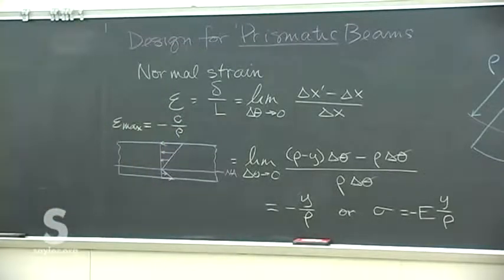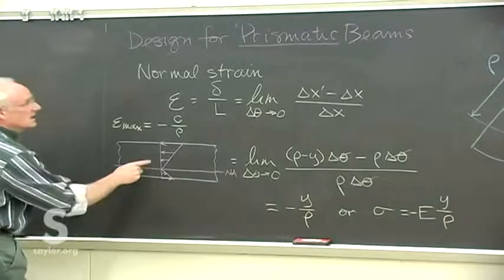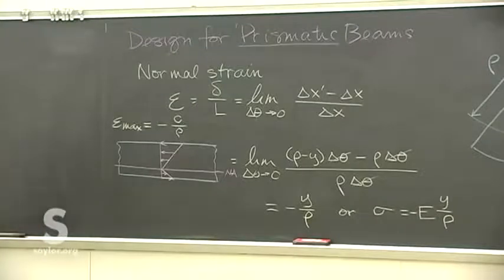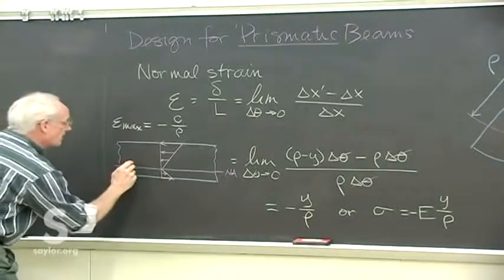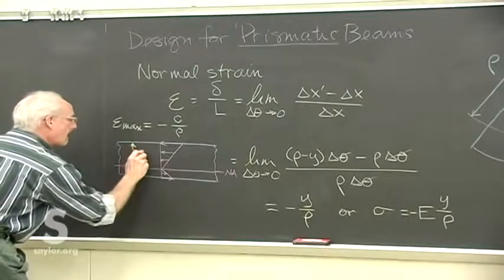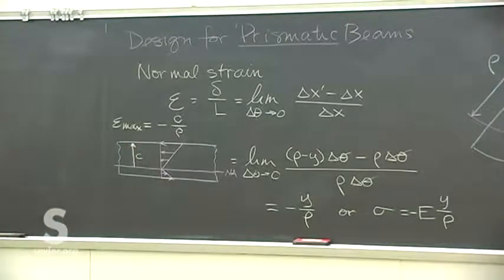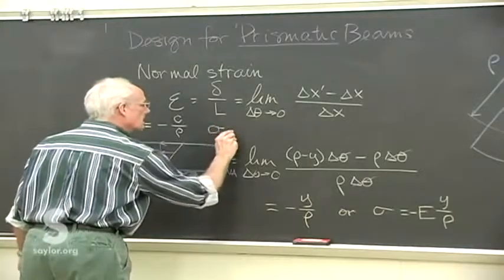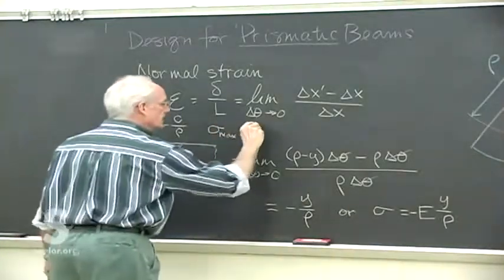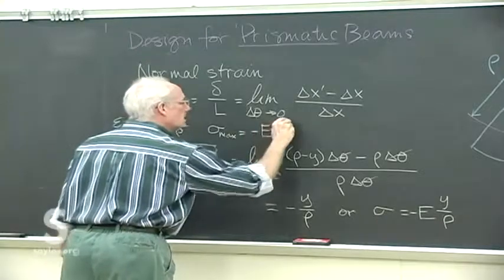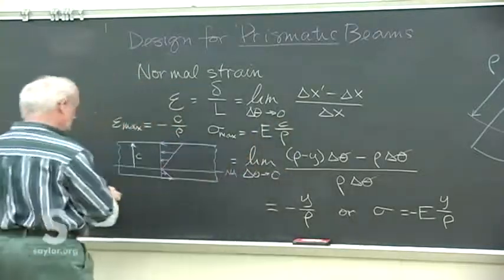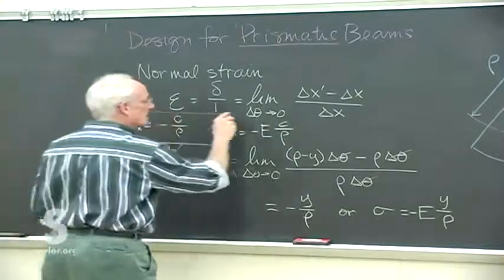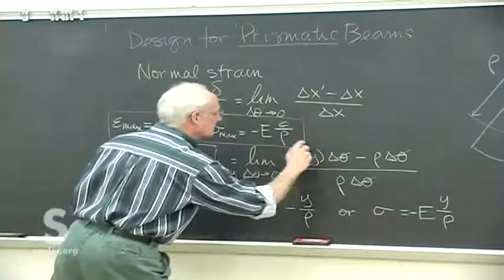Remember, c is our convention for the maximum distance. It was always the maximum distance from wherever our coordinate origin was, but now it's going to be from the neutral axis. We don't know where it is yet, but we're going to place that in a second. And of course, we can say the same thing for the maximum stress. It also varies linearly in the same way.